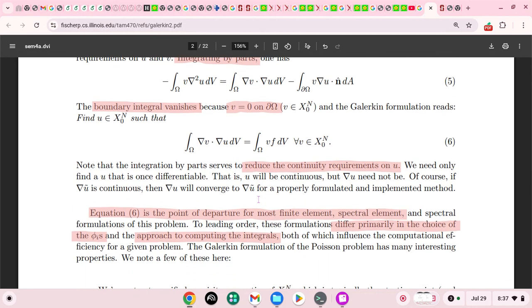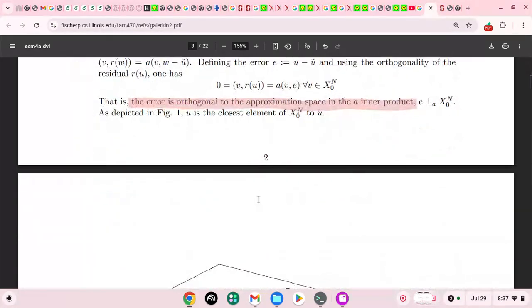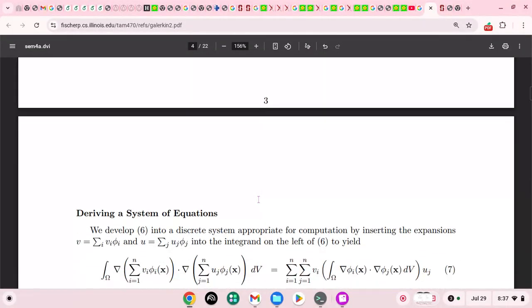So now here comes the question. What kind of basis functions do we want to utilize in this weighted residual or weak formulation? This is what makes different kinds of methods, like the finite element method, spectral element method, and spectral method. There are many choices of basis functions that we will briefly detail in this one.